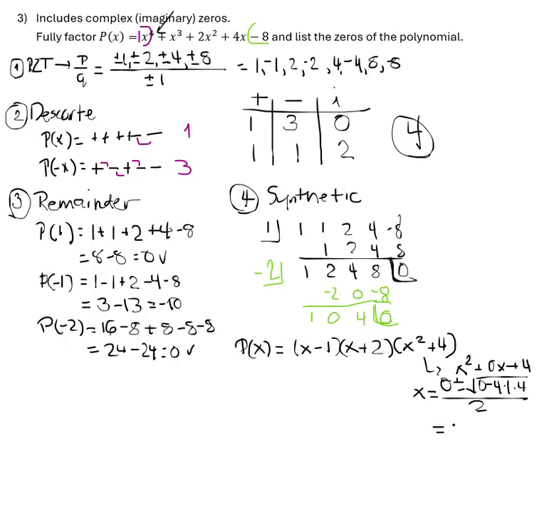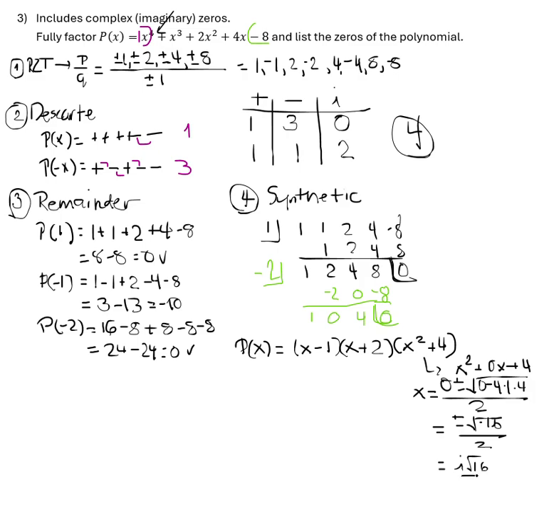So this is going to equal a positive or negative, because I don't need the 0 anymore, square root of a negative 16, all over 2. Now, what did we learn about the square root of a negative 16? I can pull the i out. i square root of 16.